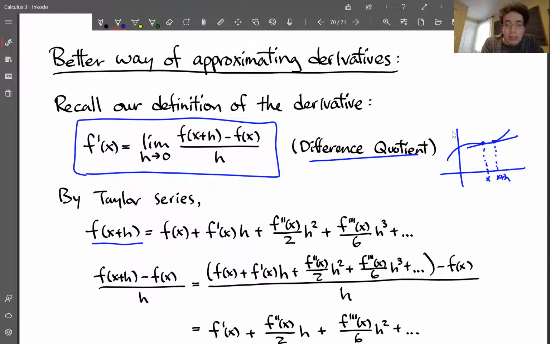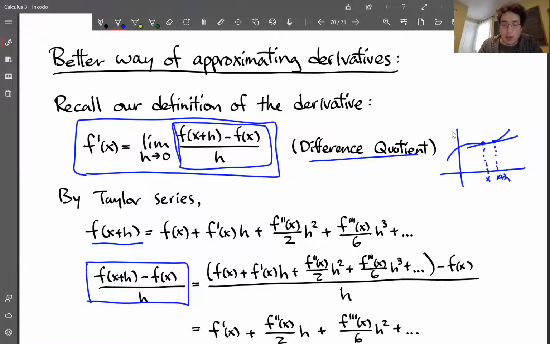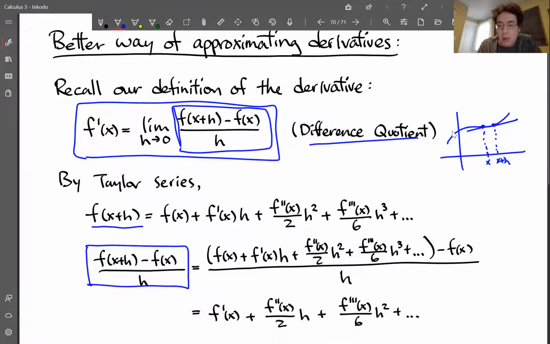Okay, so let's take this expression and see what happens to this difference quotient. So you have this expression and we're subtracting f of x from it. So this is what I want to compute. I take the f of x plus h and subtract f of x from it, and then I divide by h. Okay, when we subtract by f of x, this portion cancels out. And notice that all the remaining terms have at least one power of h.